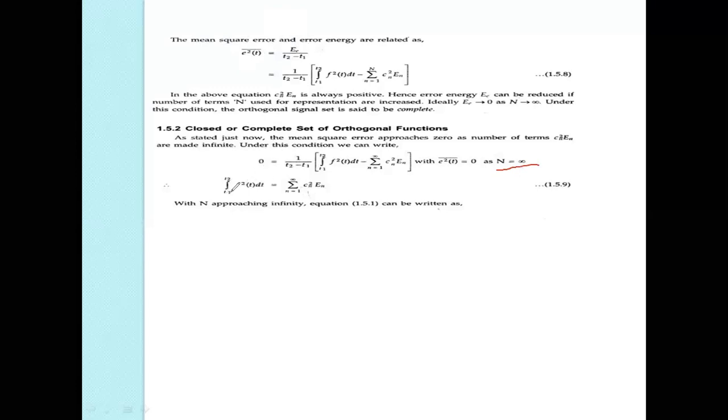So the integral T1 to T2 F squared of t dt is equal to the sum of n equals 1 to infinity of Cn squared En. With n approaching infinity, the previous expression reduces to 0. Under this condition, the orthogonal signal set is said to be complete.